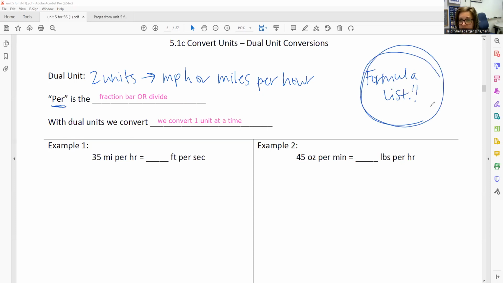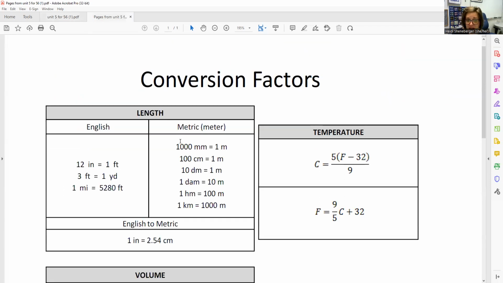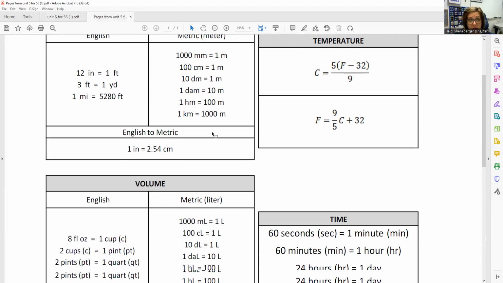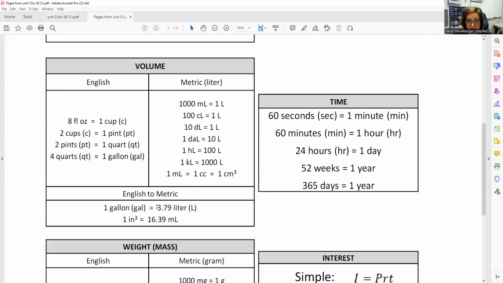You are going to want this. If you haven't printed out the formula list, you're probably going to want to. It looks like this. All of our conversion factors are on, I think, the second page of the Unit 5 workbook. Everything that you might possibly need is right here, okay?